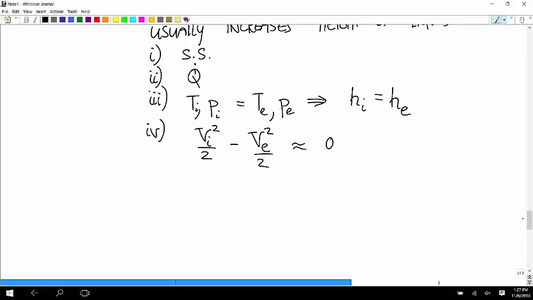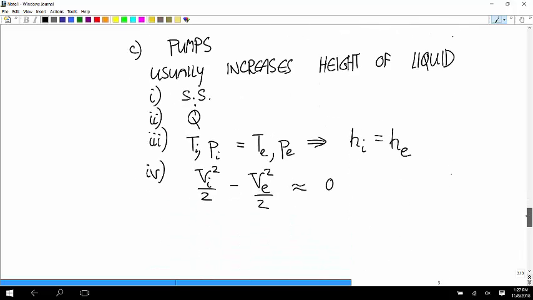And so we get a final form that says W dot for the control volume is equal to m dot times the quantity g z at the inlet minus g z at the exit.